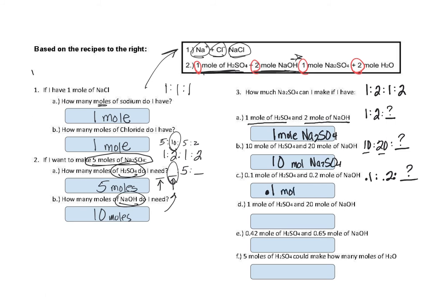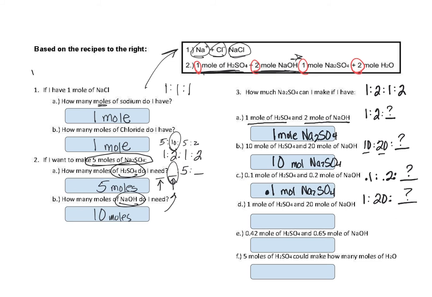0.1 moles of the Na2SO4. What if I had 1 mole of the sulfuric acid, 20 moles of the sodium hydroxide? Now, how much could I make?